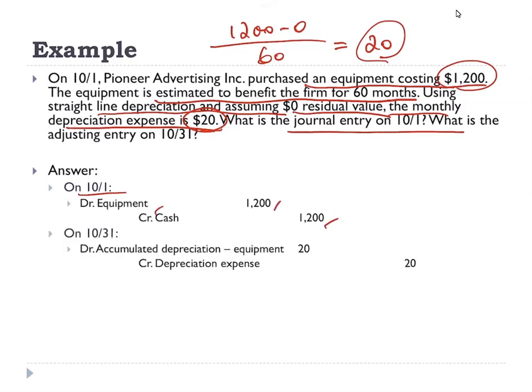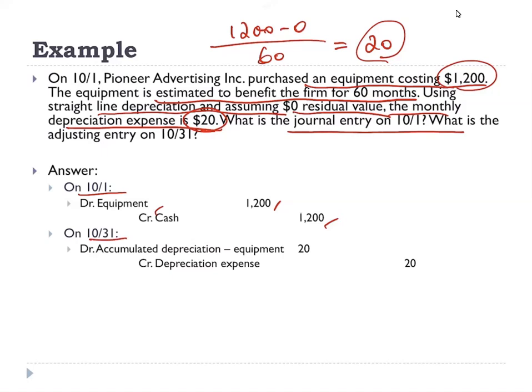And then there's no expense that needs to be recognized on October 1st because the firm hasn't begun using the equipment yet. However, at the end of the month, the firm has already used this equipment for 1 month. Now the firm should recognize depreciation expense.